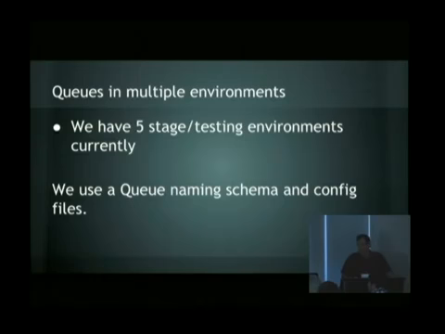So instead, what we chose to do is we said every single queue is going to have a name attached to it that is defined, so we could have stage 1 dash whatever the queue name is, stage 2 dash whatever the queue is. And then we had our configuration system tell each thing what to write.